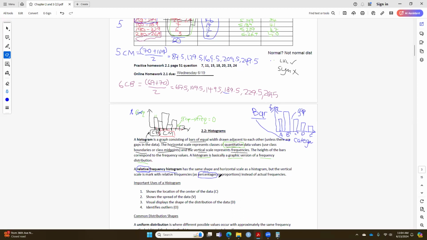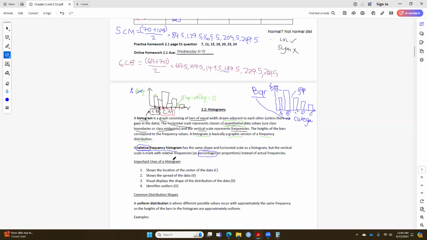Okay. Now, how do we interpret the histogram? In order to interpret the histogram, you use CVDO. First, you figure out the center, that is the C. For this case, usually we use what we call the mode. What does mode stand for?